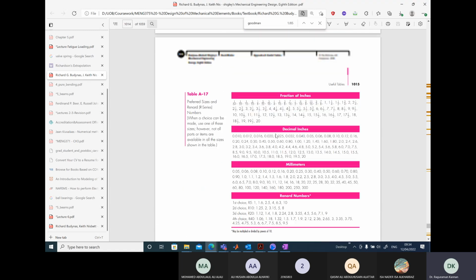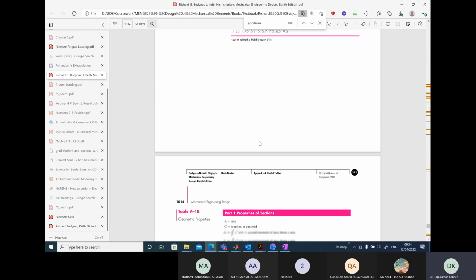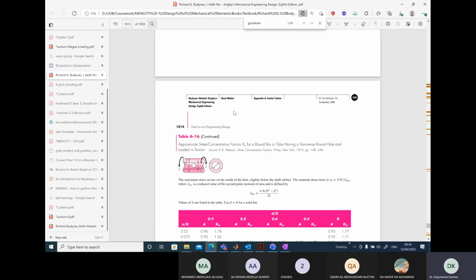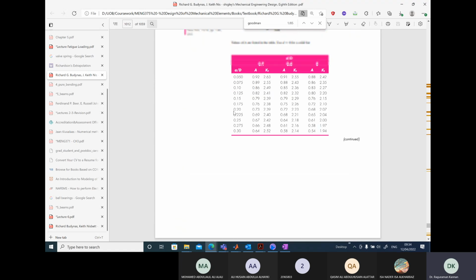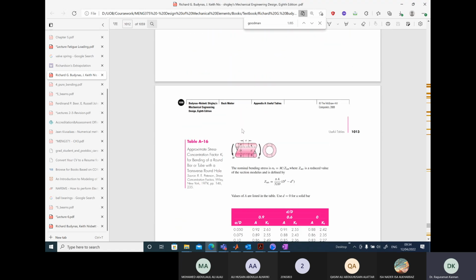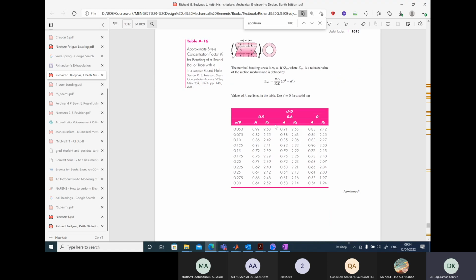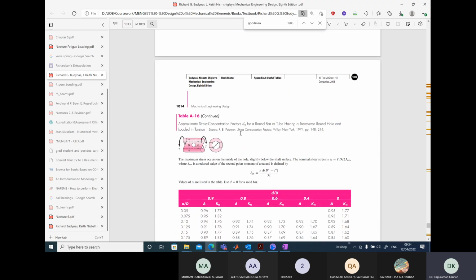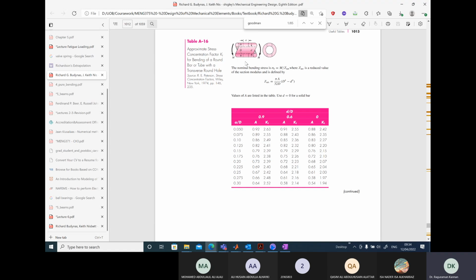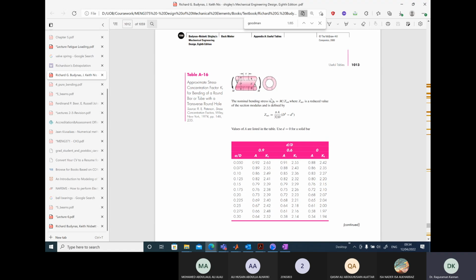I think we went forward a little bit. I think 13. Yes, this is the table we want. Okay, so there are two different tables we have to deal with. One is a torsion application, and then bending moment application. So these are the two tables which we have to consider.